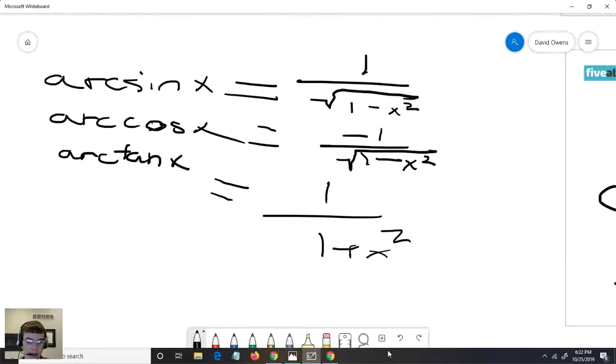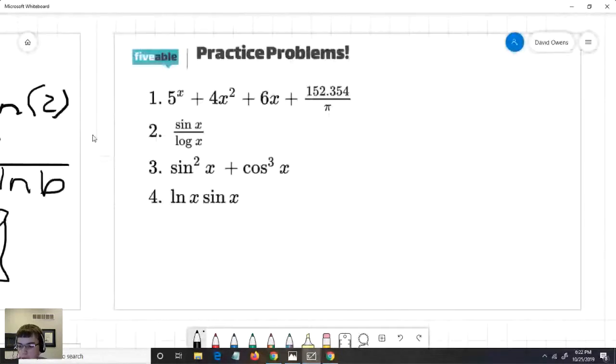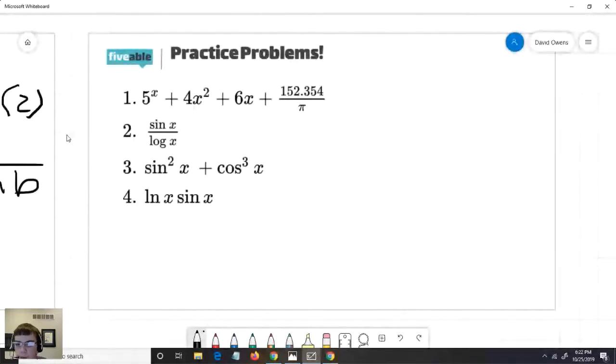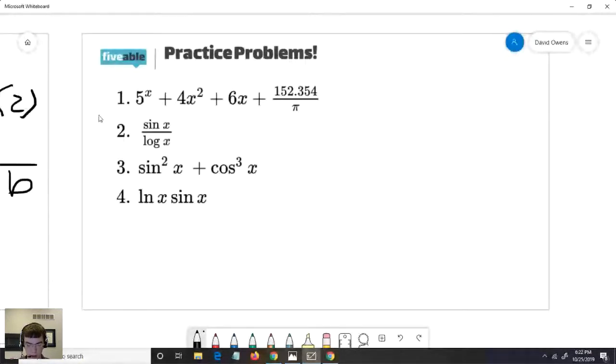All right, so now we're through the introductory part where we review all these rules. So now we can do some practice problems that I've prepared that use a combination of these rules: the rules for combining functions, the chain rule, power rules, exponentials and logarithmics, and the trig derivatives.